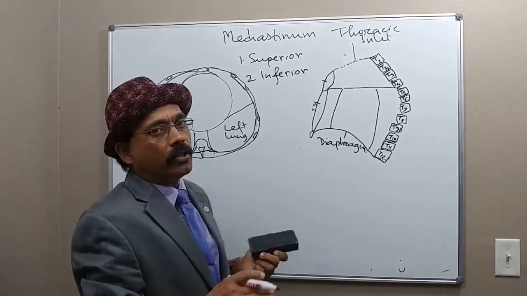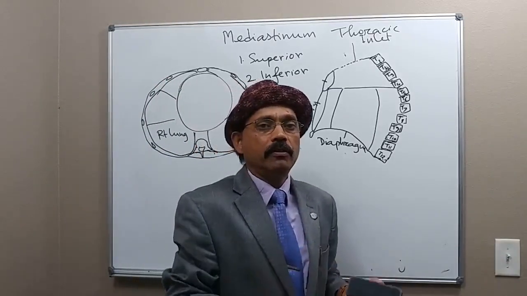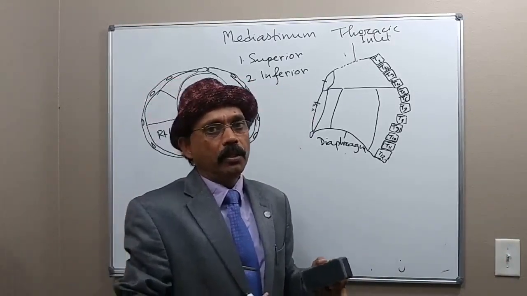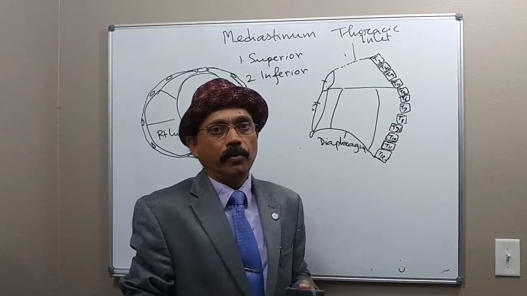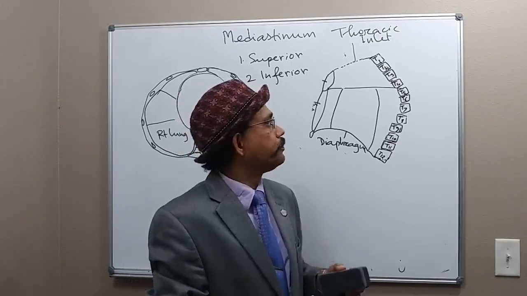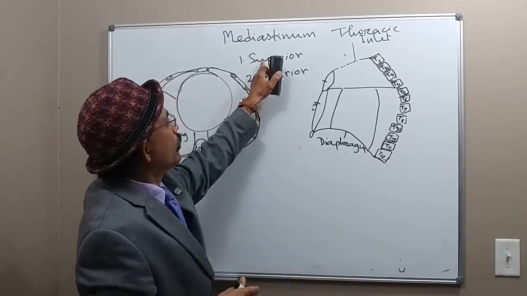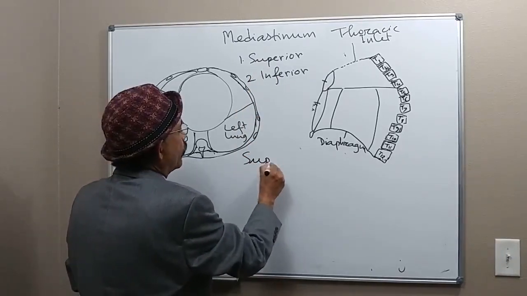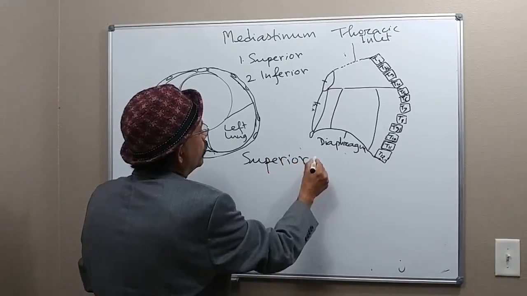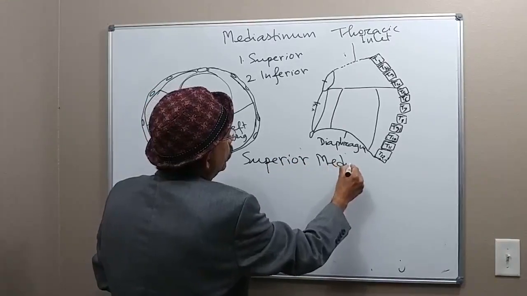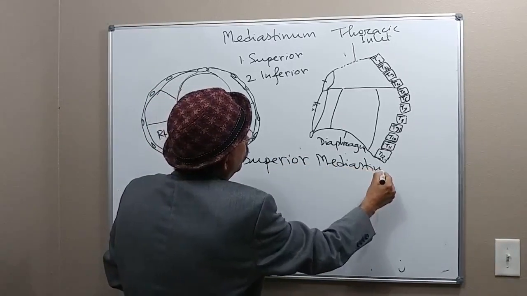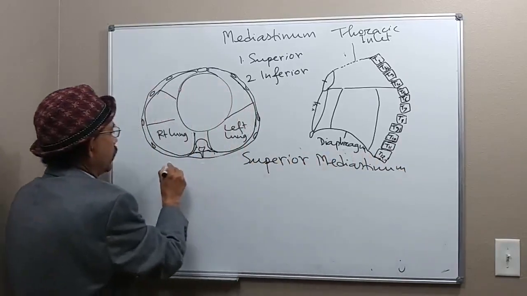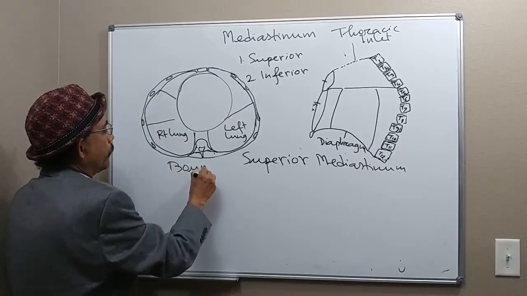These are artificial, arbitrary divisions to describe properly the contents and boundaries of the mediastinum. So what are the boundaries of the superior mediastinum?